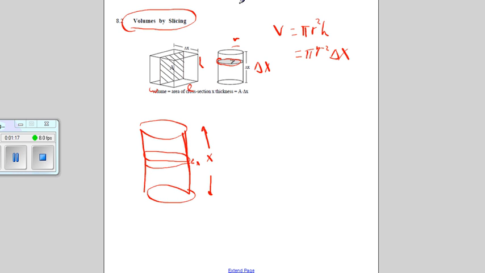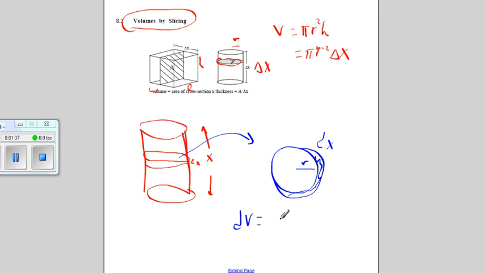And if we remove that section, what we'd have is a circle with radius r and a little bit of depth dx. So our little volume, which we'll call dv, is pi r squared, where r is a constant, it's fixed, times dx.